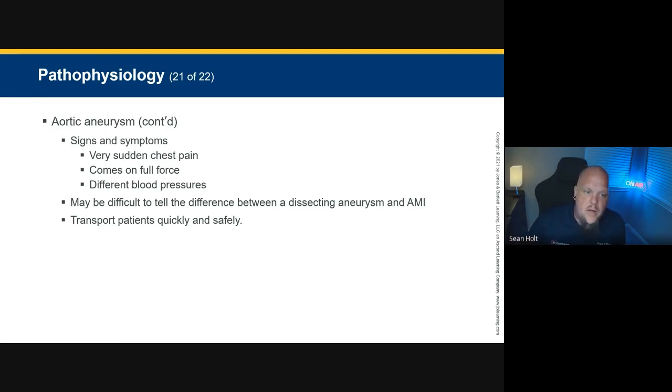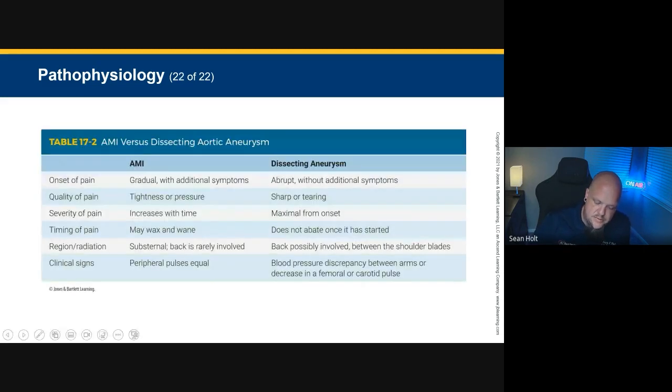Right? It may be difficult to tell the difference between a dissecting aneurysm and a heart attack, so transport both patients quickly and safely. I think this is that chart. Yeah, here it is. Acute myocardial infarction versus a dissecting aortic aneurysm. The onset of pain, abrupt right away with a dissecting aneurysm.